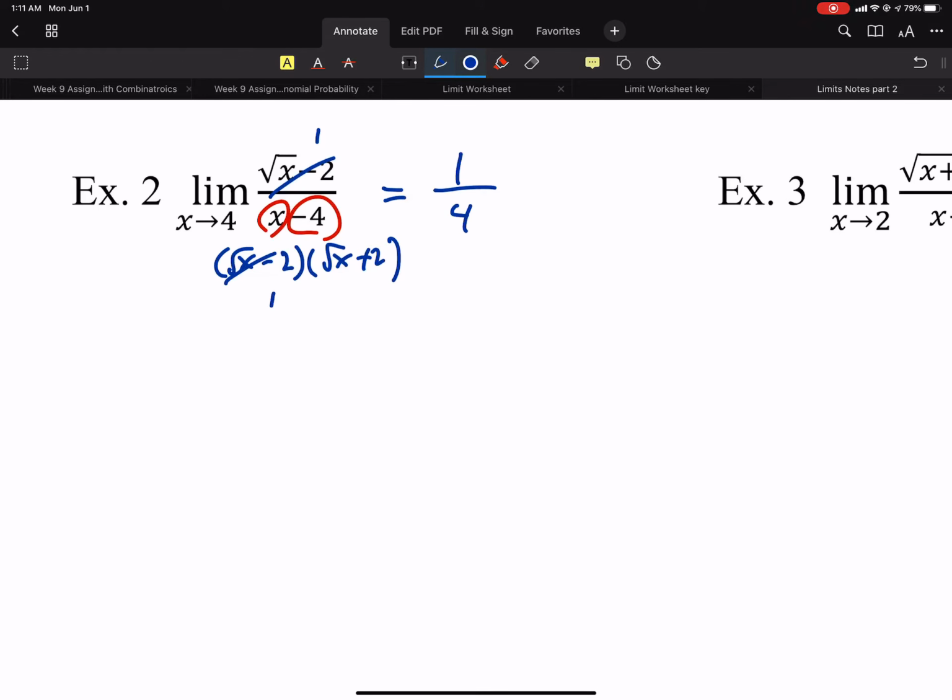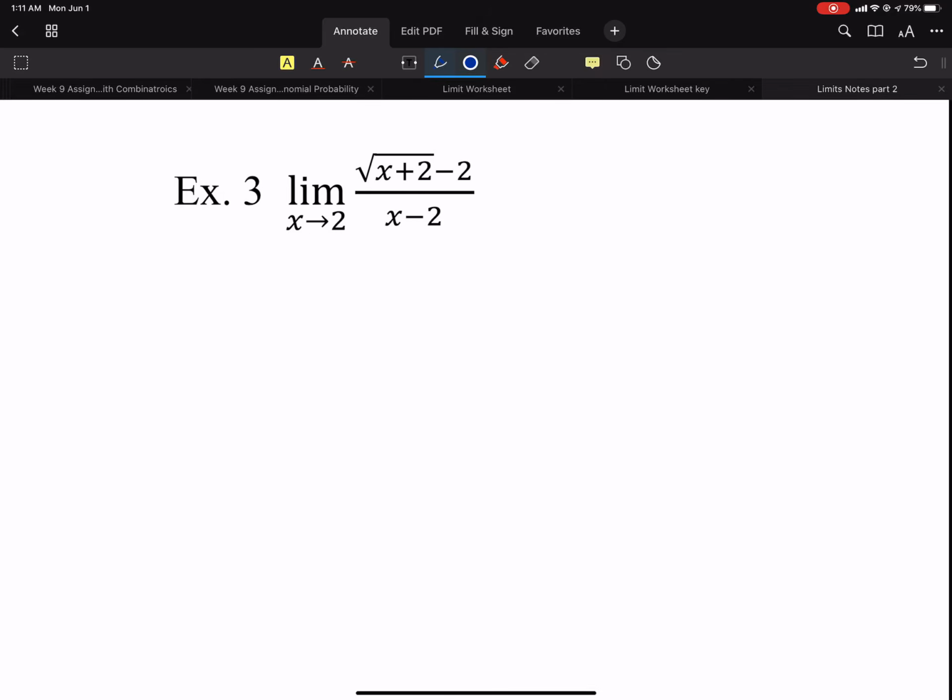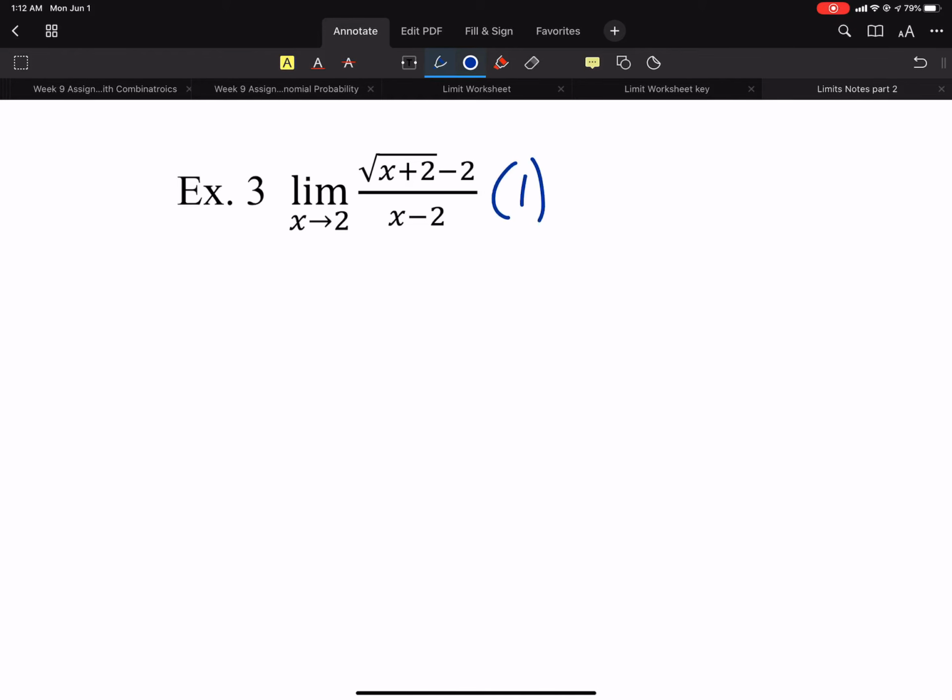All right? So let's go to the third example. If you want to try this on your own and pause this, you may. For this one, we're not going to use the factoring and canceling because it doesn't work on this one. But we're going to rationalize the numerator. We're going to multiply by 1. But you should know what that 1 looks like, hopefully.